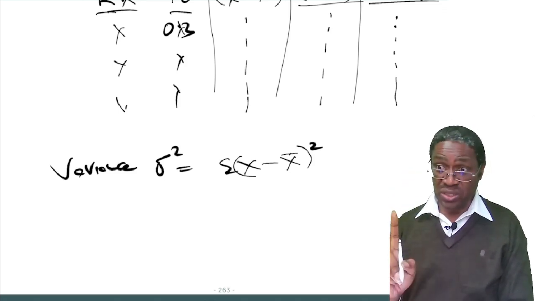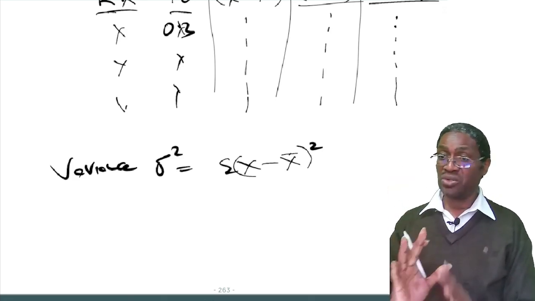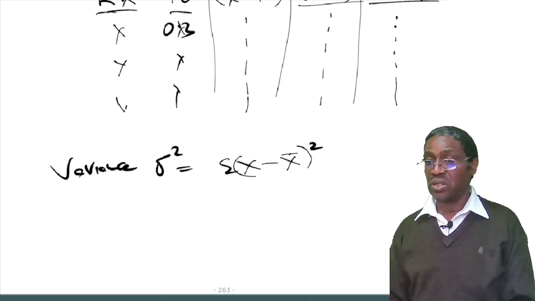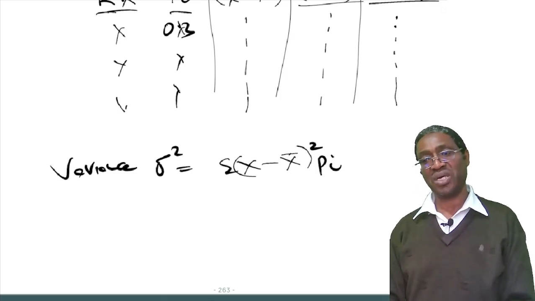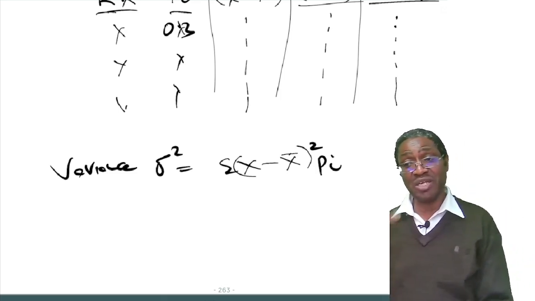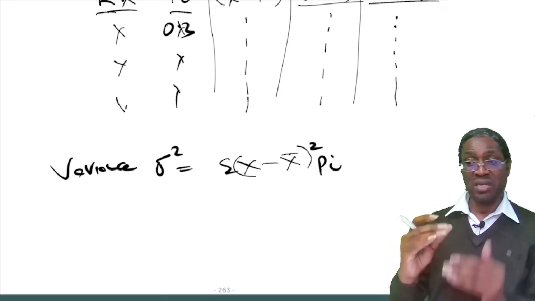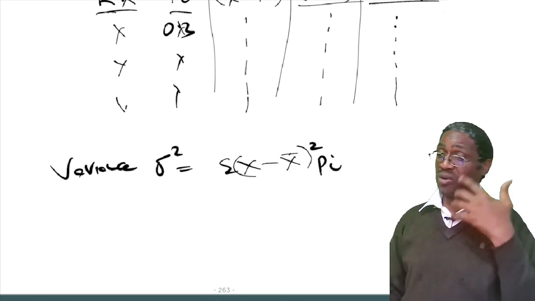This time I don't divide by n because I told you probability is the frequency. When you are getting those frequencies, you kept dividing by 10. That is the formula, but this time you will multiply that by pi. We are adding only the element of probability. So the formula is the same, but this time you don't divide by n like I did to get the variance, where there were no probabilities.